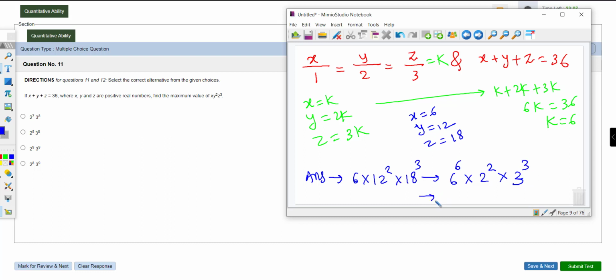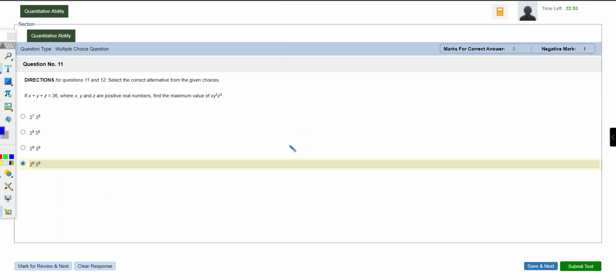Correct, this is the answer. So 2 to the power 6 plus 2 is 8, 2 to the power 8 into 3 to the power 6 plus 3 is 9. 2 to the power 8 into 3 to the power 9 is the answer. That is the last option.